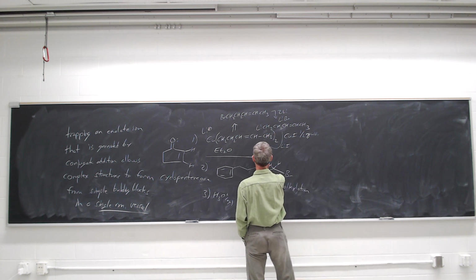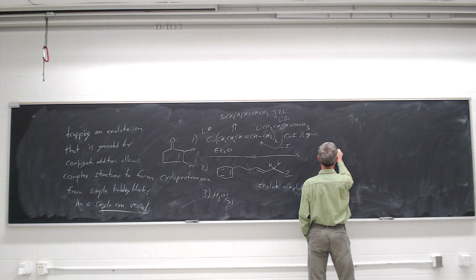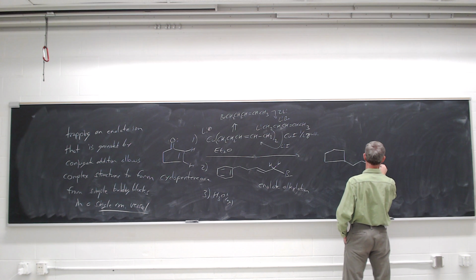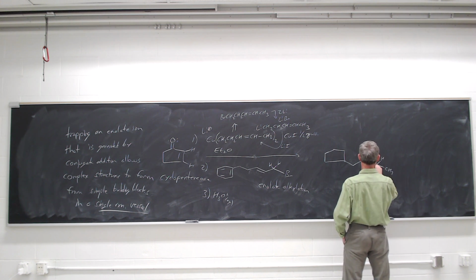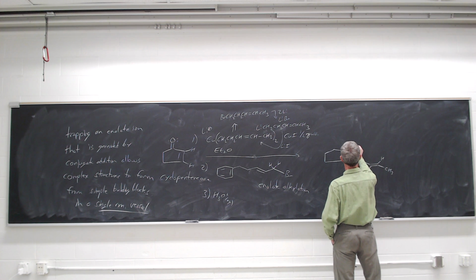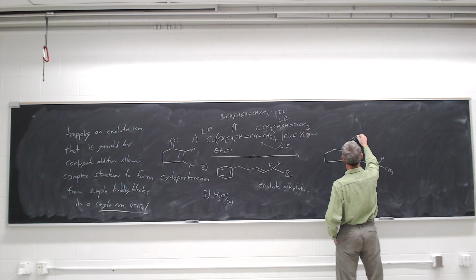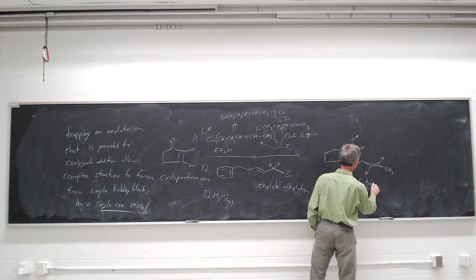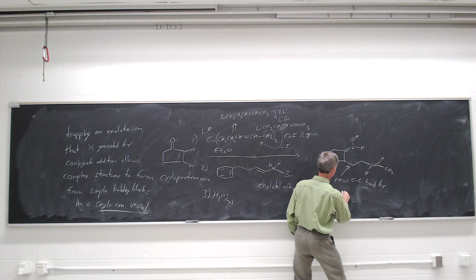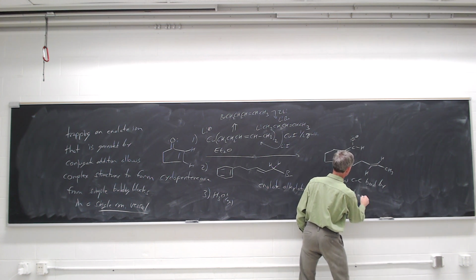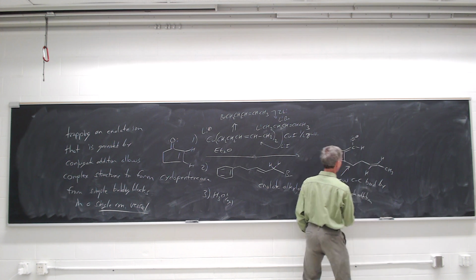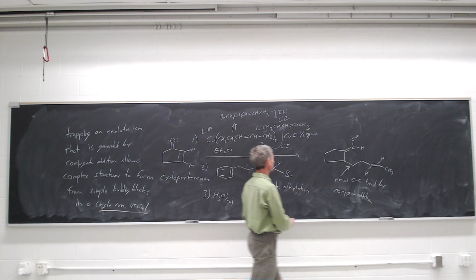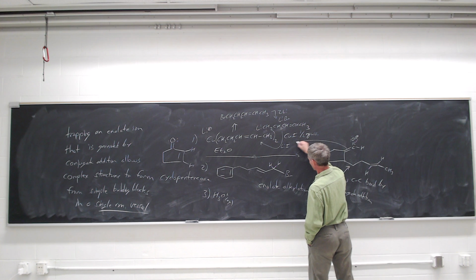All in one reaction vessel. Form a new CC bond by conjugate addition. Add that 5-carbon chain. And then alkylate the enolate.